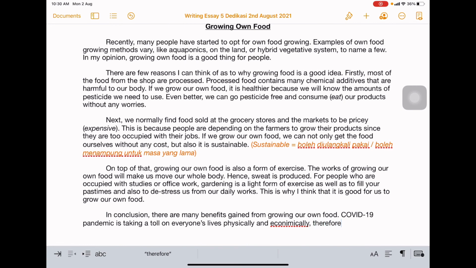Therefore, we need to take care of ourselves as well as the thing that is our food intake.